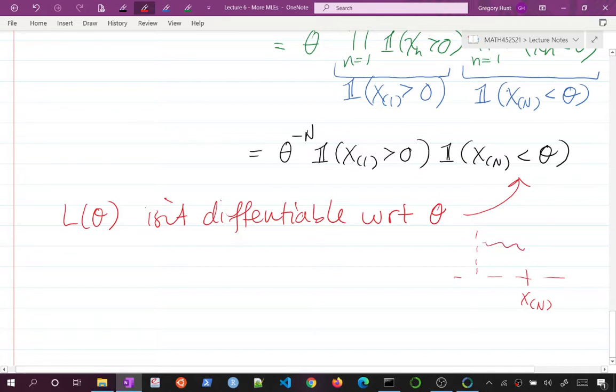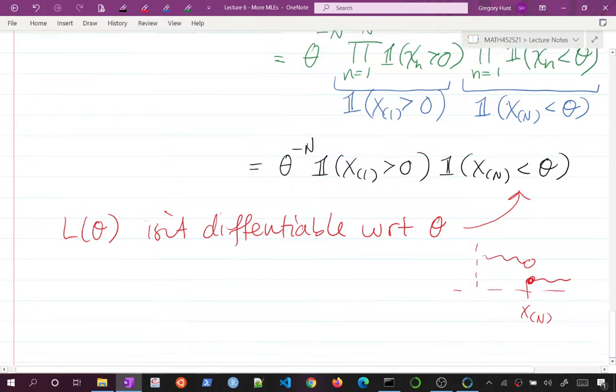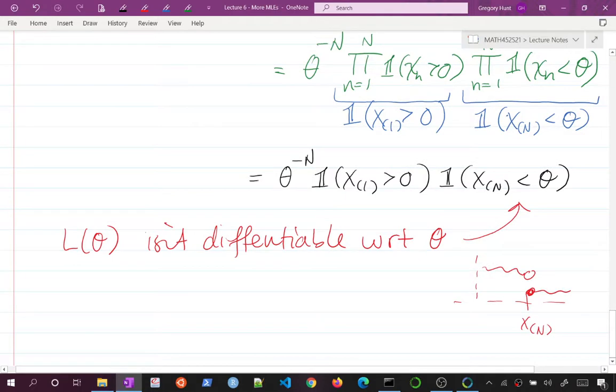You're going to have something, and then you're going to jump to something else. Not differentiable there. So you can't use the derivative in this case. Not going to work. The reason we didn't run into this in the previous problem is because the support didn't depend on the unknown parameter.